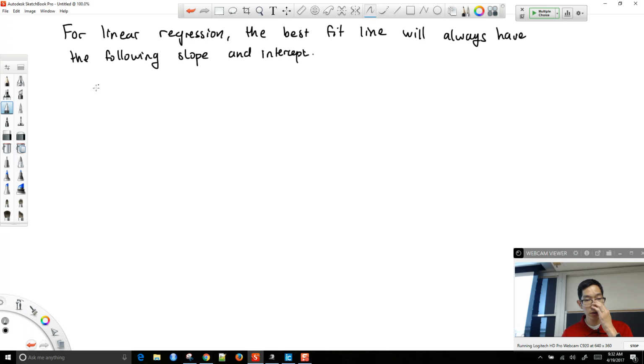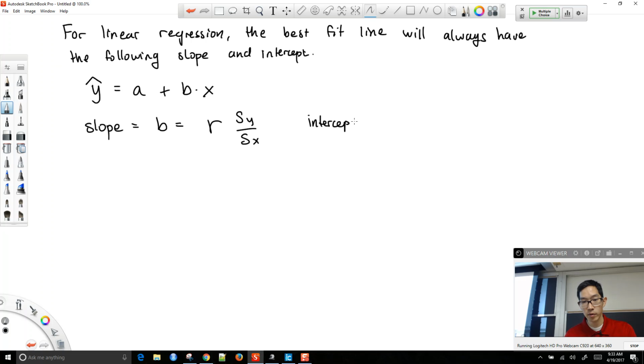Our prediction equation is y hat is equal to a plus b times x. The slope is b, and that will always be r times sy divided by sx, and the intercept, a, is y bar minus b times x bar. Okay.